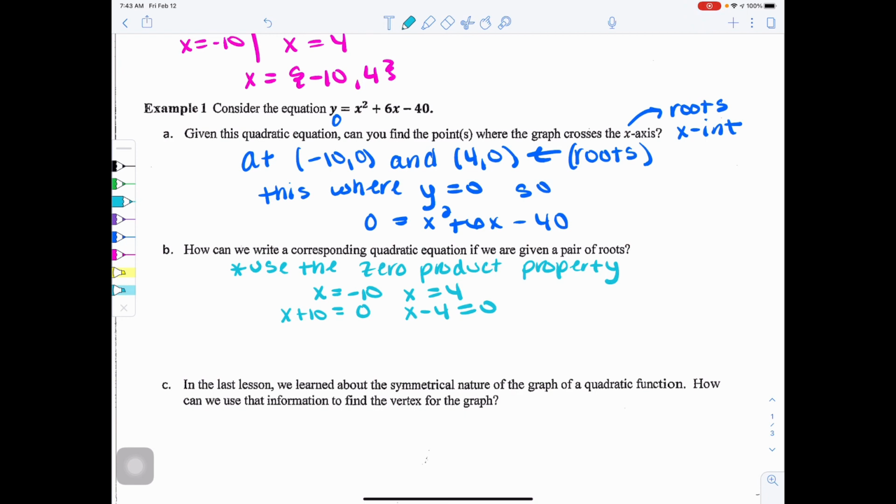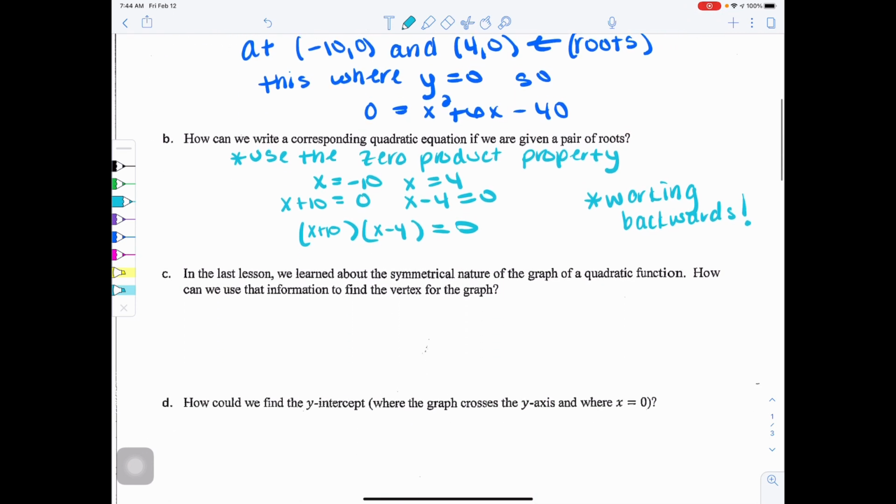That then gives me the two binomials, x plus 10 and x minus 4, that would have to be used to create the quadratic equation. So this is kind of an example of working backwards. So let's put working backwards. But we're still thinking of that idea of the zero product property.